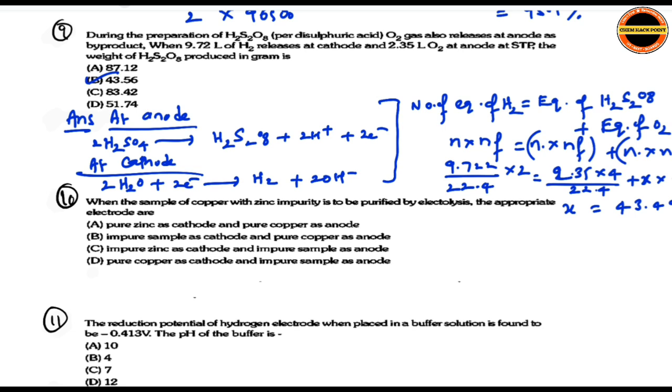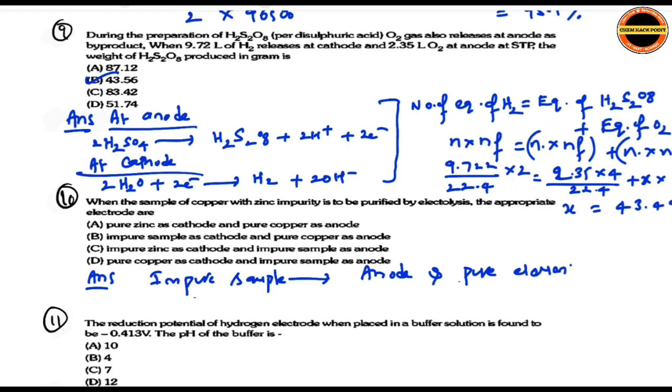So remember, every time the impure sample is made as the anode and the pure element we make as the cathode. The impure sample to be purified should be connected to the anode and the pure element we make as the cathode. So here you can see pure copper as cathode and impure copper as anode. It is a general theoretical question.